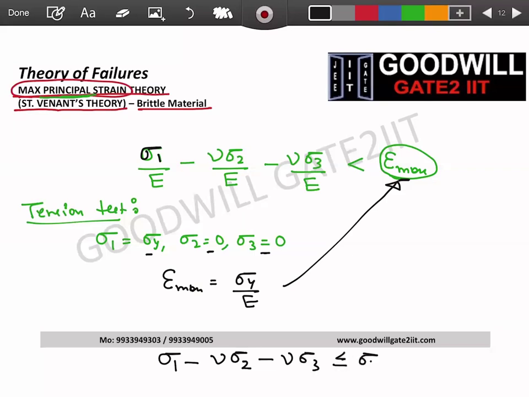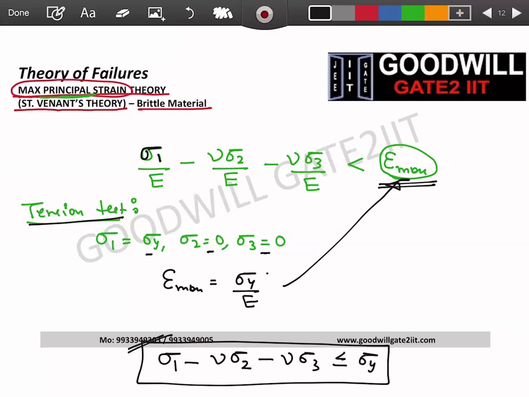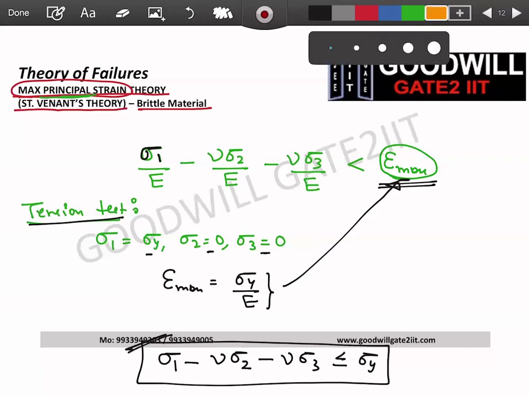That's it. So rather than comparing strains, we have done a tension test, got a simple relation, and get an equation which we will learn. If you see, I have not blocked this equation. This is only for your understanding. Maximum principal strain theory or Saint-Venant theory equation looks something like this.